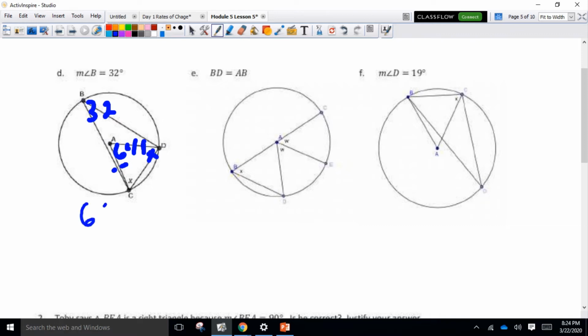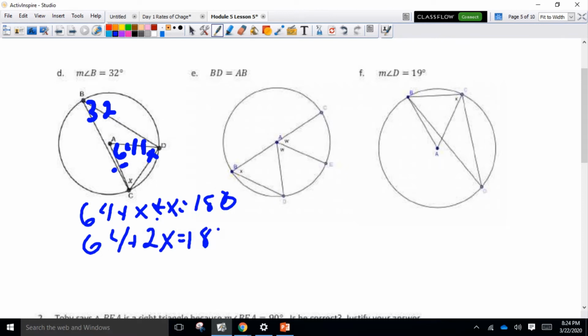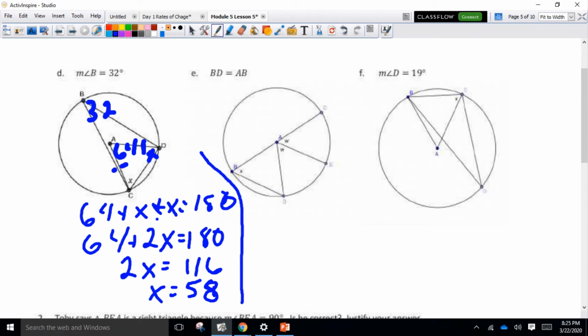All right, so we could say 64 plus X plus X has to be 180. 64 plus 2X is 180. And then subtract 64. So 2X is 116. And X is 58. So there's how you do that one.